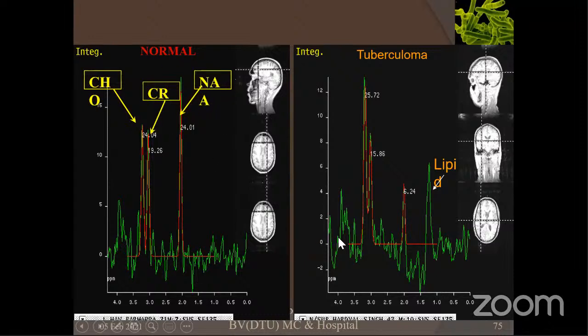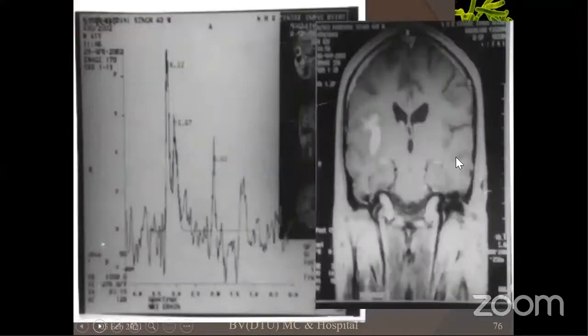This is a normal picture, and in tuberculoma, you can see there is a choline and creatine peak which is high, as well as the lipid peak. So these are the MRS findings of tuberculoma for the students to learn. Okay, so these are the cases, and you can see the choline and creatine peak and lipid peak in the tuberculoma which is shown in this case.